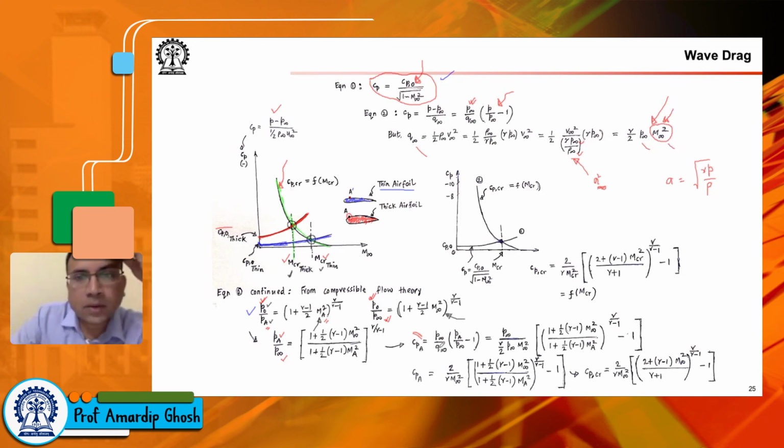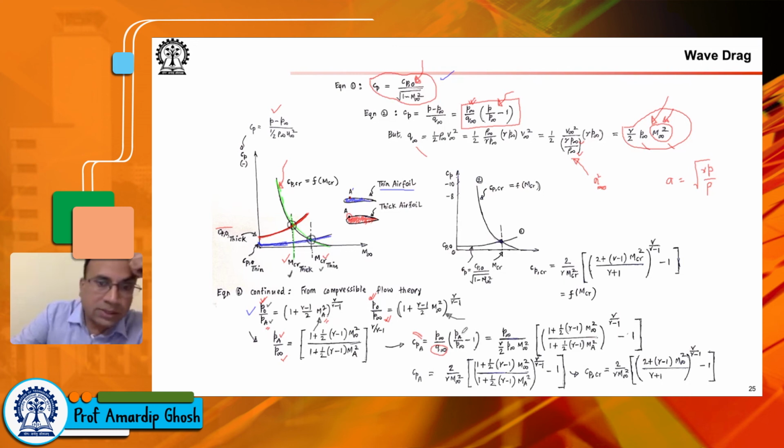So now what we are doing is plugging in this formula for Cp, then replacing Q infinity using this formula here. So you have P infinity divided by the expression for Q infinity from here: gamma by 2 P infinity M infinity square, and then in the bracket PA by P infinity.